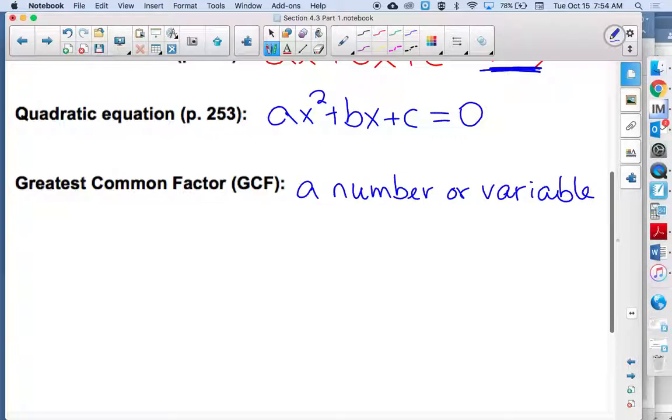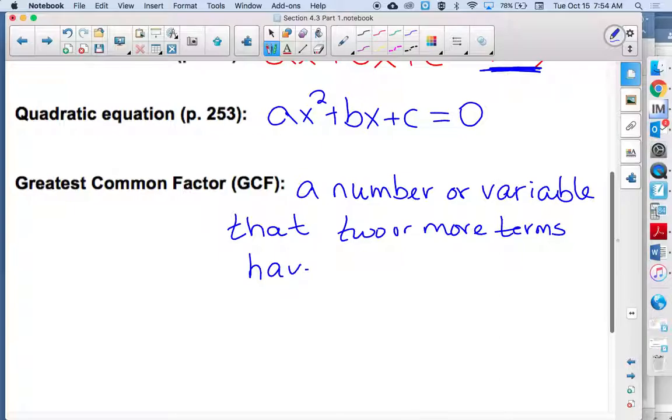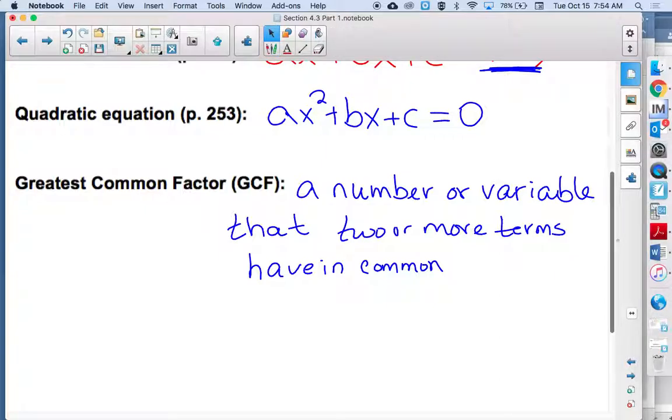A number or variable that 2 terms maybe have in common. We could even say the largest number that 2 terms have in common.